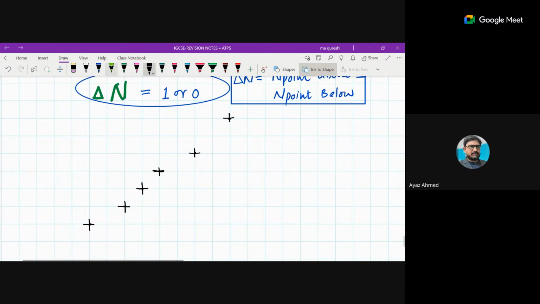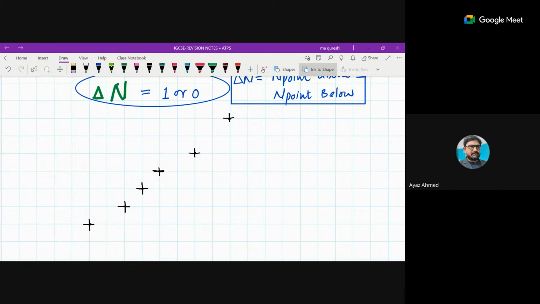So if I want to draw a line, although I don't have a ruler, maybe ruler is not here. होना चाहिए था शायद. Ruler, draw shapes. Okay, let's draw a straight line.